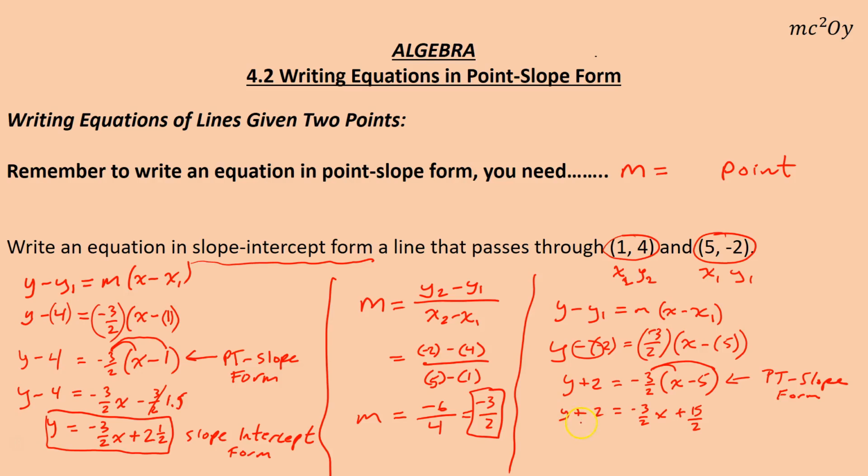And since we're going to be moving this 2 over, it might be nice to think of 15/2 as a decimal since it terminates. So that's also known as 7.5. So subtract 2 from both sides, you get y equals -3/2 x, and then plus 5.5 when you subtract that 2. Okay?